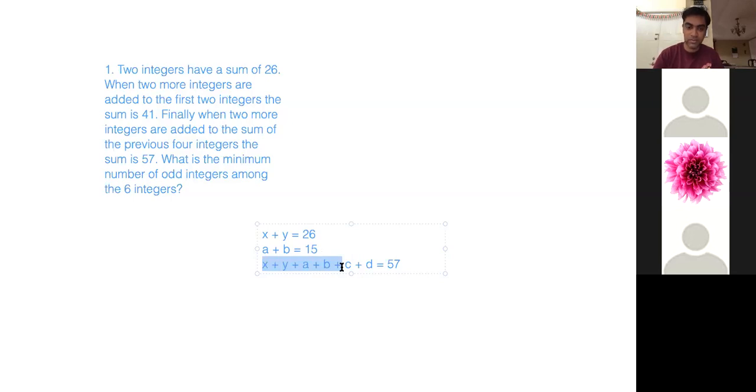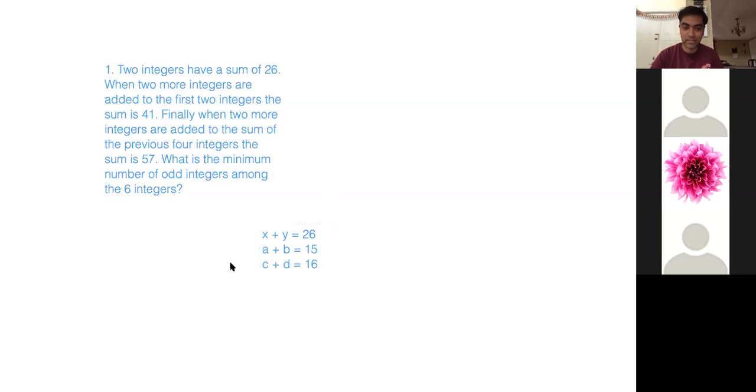So I got c plus d equals 18. Is it 18 or something else? Close. What should c plus d be? 16, sorry. Yeah, 16.